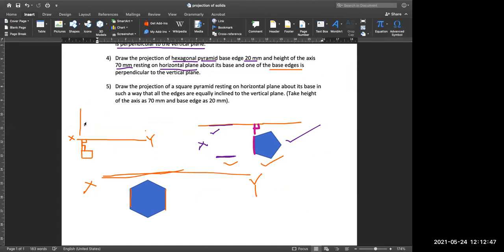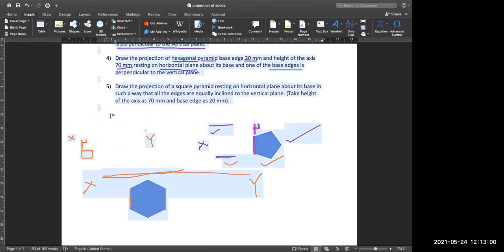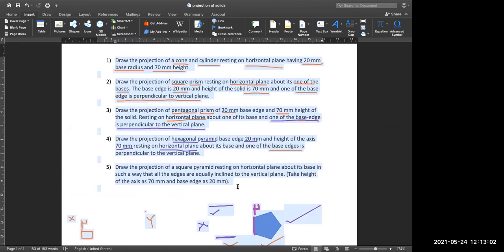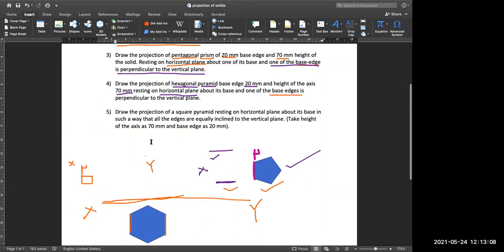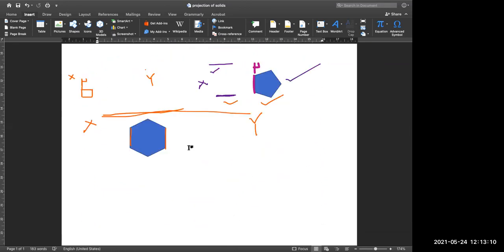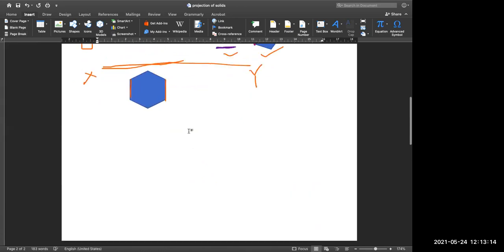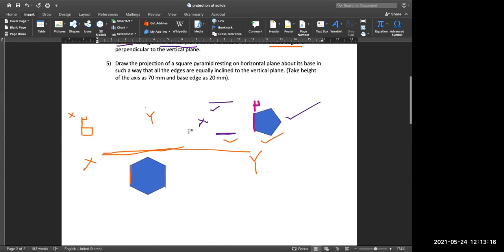Okay, one by one I have to select them and then I can delete these things. Okay. I will insert a blank page. That will be good.